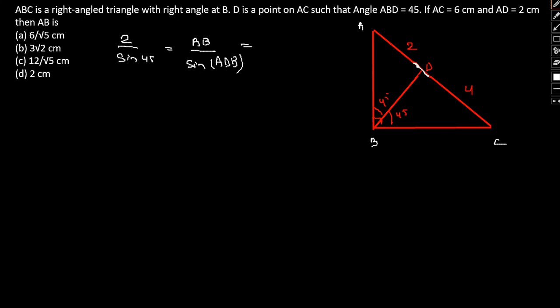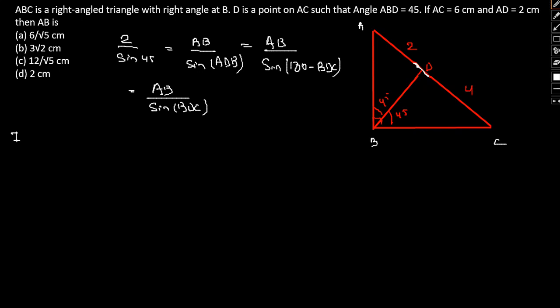If we further solve the same, we have AB by sine of 180 minus angle BDC, which should further give us AB by sine BDC.